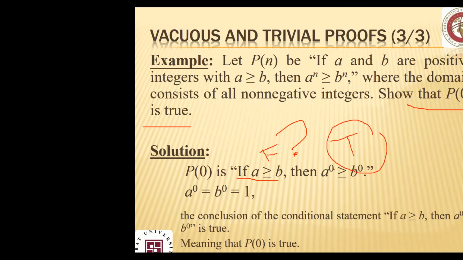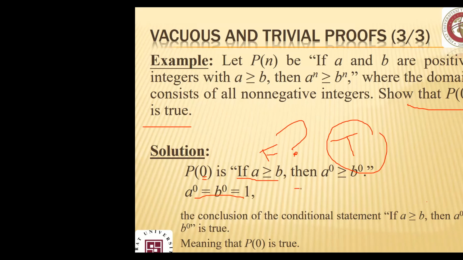A to the power 0, is it greater than or equal to B to the power 0? Yes. Why? Because both of them are equal to 1 in this case, particularly for P(0). And the outcome is basically true here, the implied statement, and for that what we say is it holds.